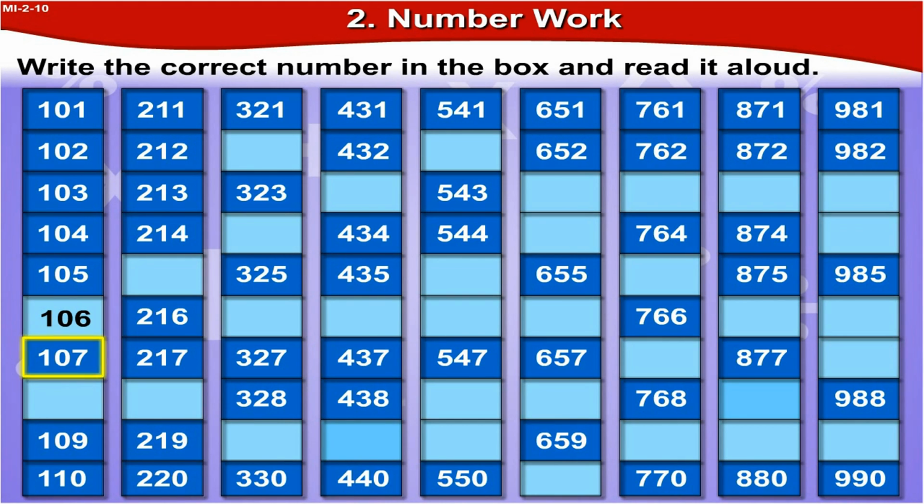Then we have 107, again a box. After 107, we have 108, that is 108. So we will write it in the box. And after that, we have 109, 110.